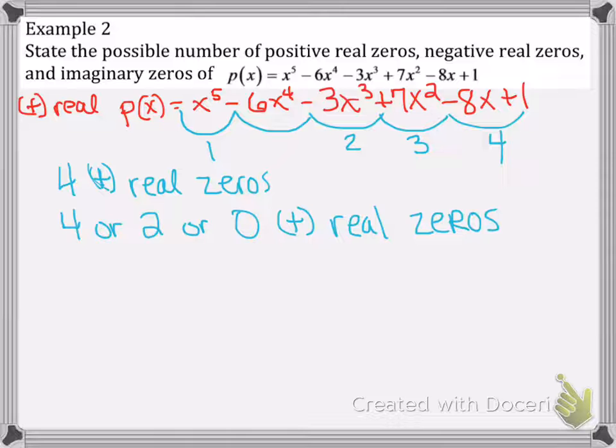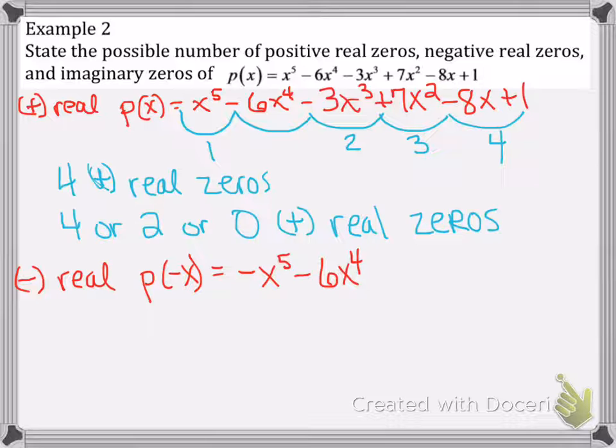Now we do the same thing, but to figure out the negative real, I do p of negative x. Now when I plug a negative x in for x to the 5th, that's going to flip signs because it's an odd exponent. When I plug it into 6x to the 4th, that sign stays the same.